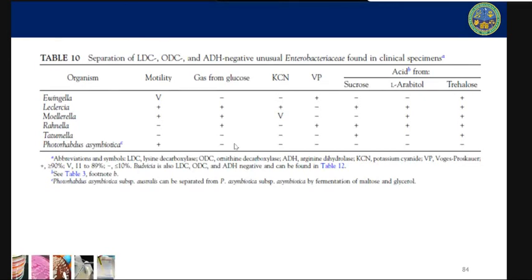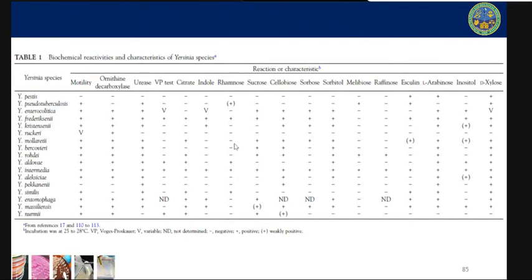And this one, you have the less common types of Enterobacteriaceae. So Erwinia, Leclercia, as I have said a while back, adecarboxylata, Moellerella, Rahnella, Tatumella, and then we have Photorhabdus asymbiotica. So these are rare, unusual causes of infections. But they may happen to cause infection, depending on the pathologic condition and the presentation of symptoms in the patient.